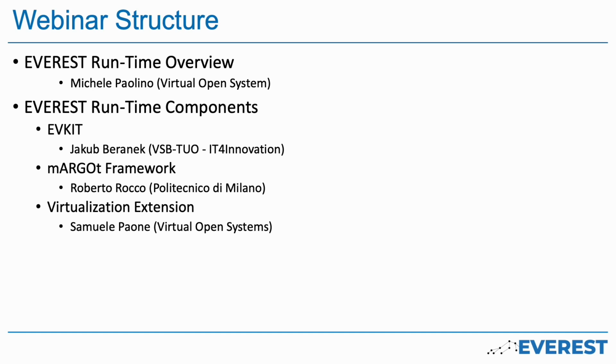Then, we will go through the three main components of the EVEREST runtime: EVKit, presented by Jakub Beranek from IT for Innovation, the Margot framework from Roberto Rocco, Politecnico di Milano, and finally, the virtualization extension from Samuele Paone, Virtual Open Systems. We will not only introduce the components, but we are going to show you also some demos about their usage.